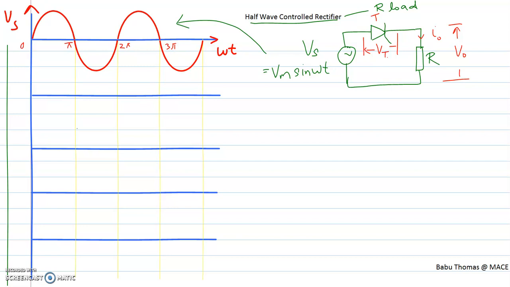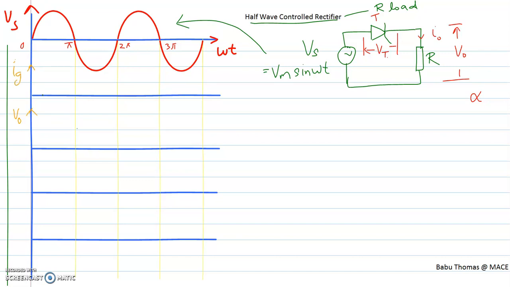From 0 to pi and from 2 pi to 3 pi, the thyristor T is in the forward biased condition, and the thyristor will get turned on anytime from 0 to pi if I give a gating signal. The angle at which I apply that gating signal is the firing angle alpha. So alpha is the firing angle at which I am going to fire your thyristor, or trigger your system into conduction state.